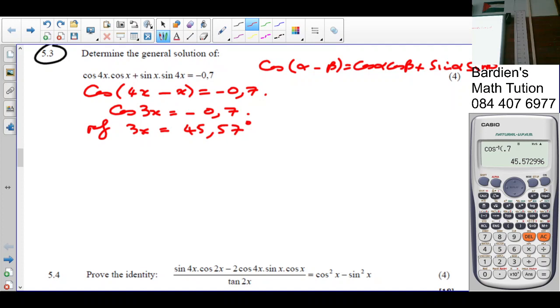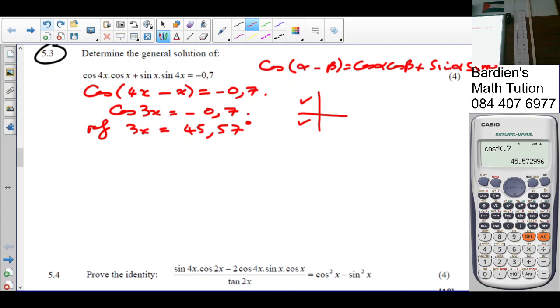So the question that comes to mind is in which quadrant is cos negative? Cos is negative in quadrant 2 and 3. I know some of you would say it's going to be negative 180 plus 45,57 and 180 minus 45,57.